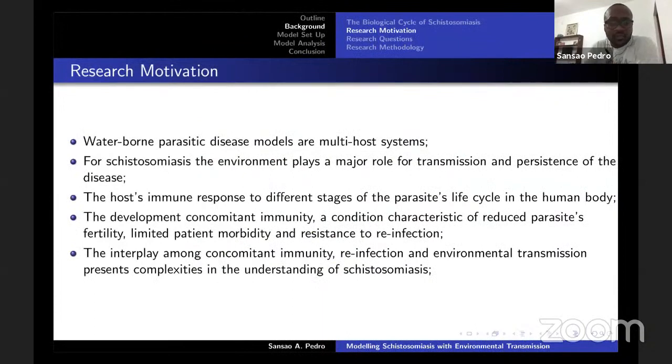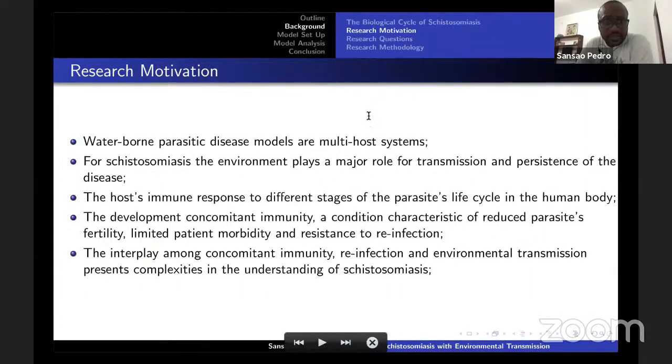for myself, it was the first time working on a disease such as this. It captured our interest, so we decided to come together as a group and see what we could do. Allow me to say that the work that I'm presenting here is a very simple, very basic model, and the motivations are stated here.